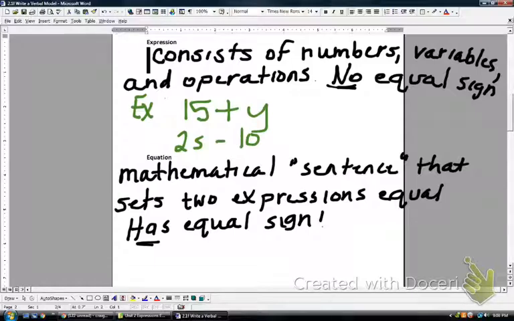An equation is a mathematical sentence that sets two expressions equal. So an example of that might be x plus 7 equals 30. So you have two expressions separated by the equal sign, and again it contains numbers, variables, and operations.